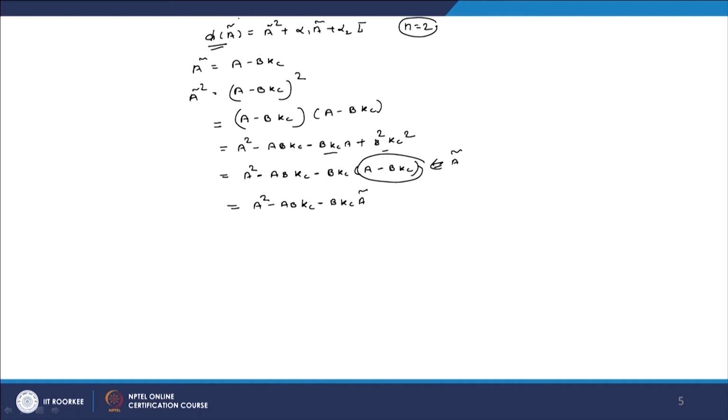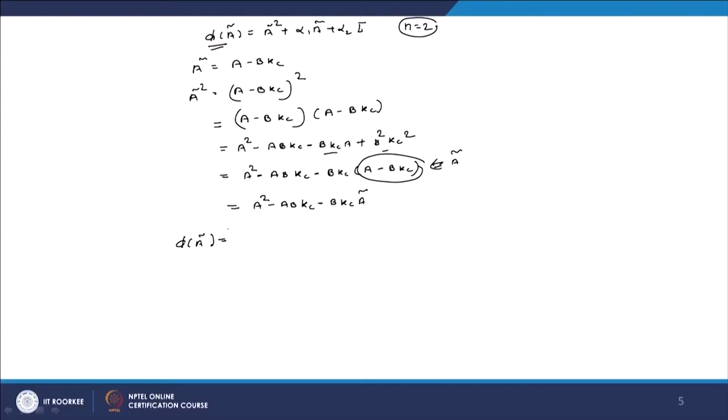Now what we will do? We replace this value and see what type of results we can achieve. So here phi of A bar is equal to alpha 2 into I plus alpha 1 into A bar plus A bar square.